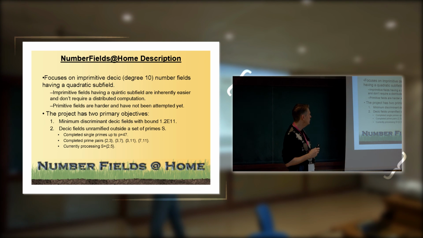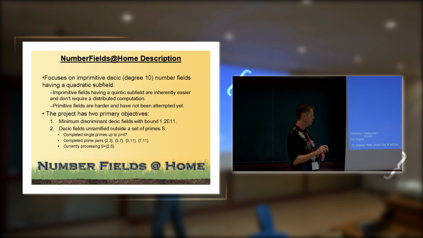This project has two primary objectives. The first one is minimum discriminant decic fields. We are using a bound of 1.2 times 10 to the 11th. I think everyone knows what that means, right? You pick a discriminant bound and you want all fields that are less than that bound.